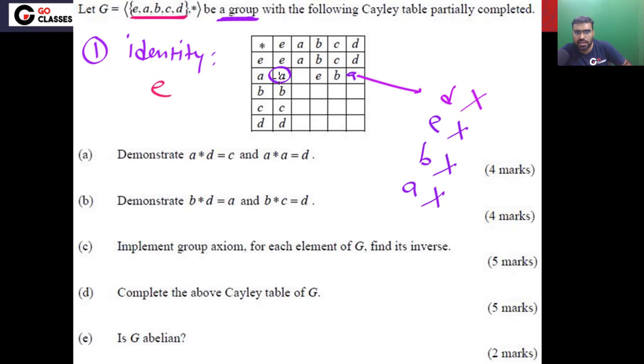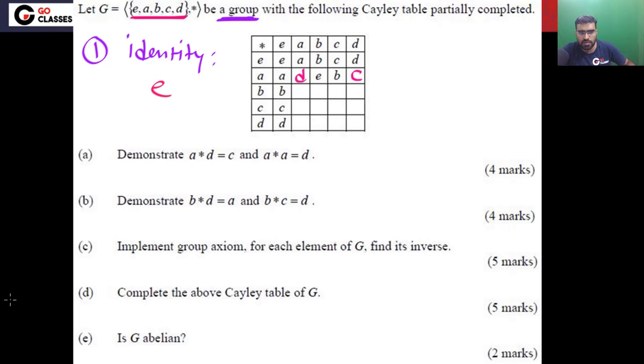So what is the only choice then? The only choice is that you have to put C here. And automatically now the only choice is that you have to put D here. So very simple. I hope you understood. This is the only choice.